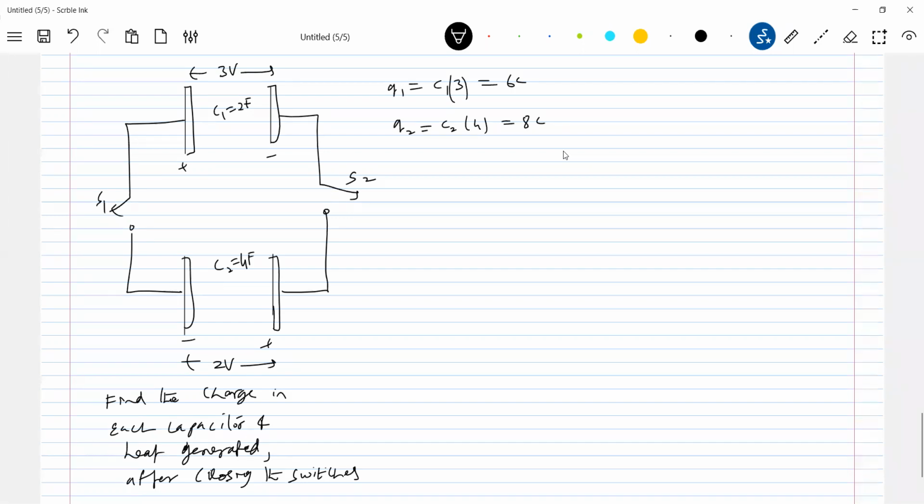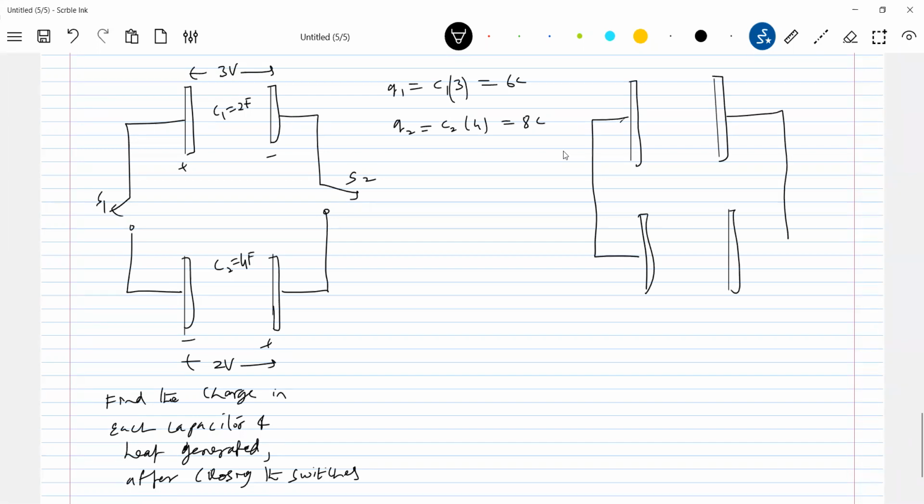Then finally after closing the switch, how do we decide which plate will be at higher potential, positive, or negative?